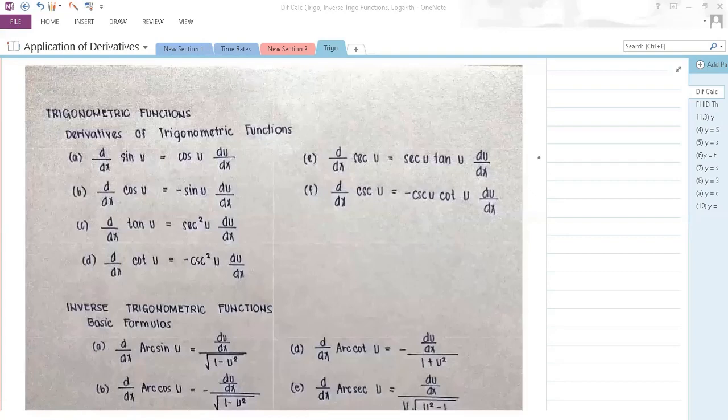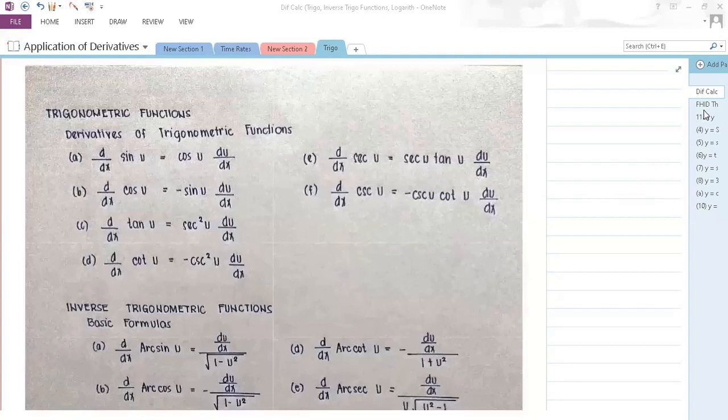So we have here the derivatives of the trigonometric functions. The same process for the quotient rule and the power rule also applies here for trigonometric functions. So let's apply what we studied in past meetings.